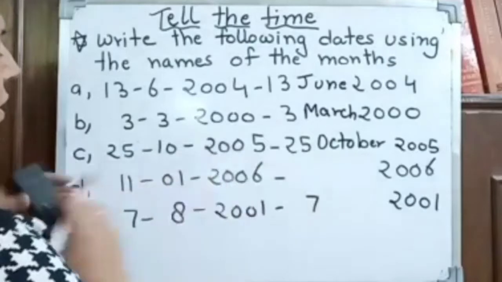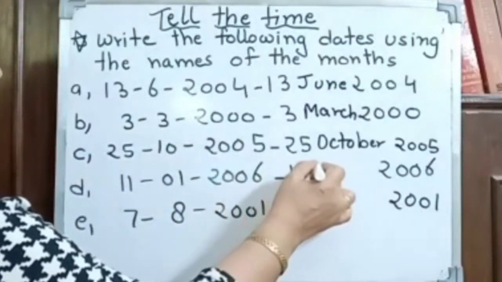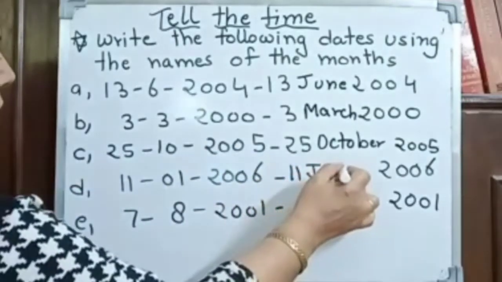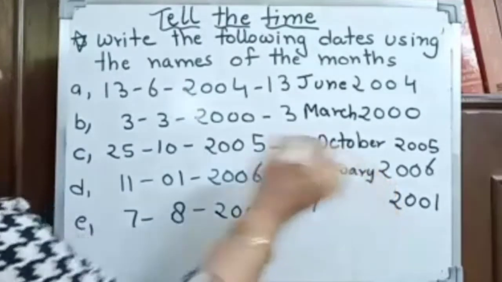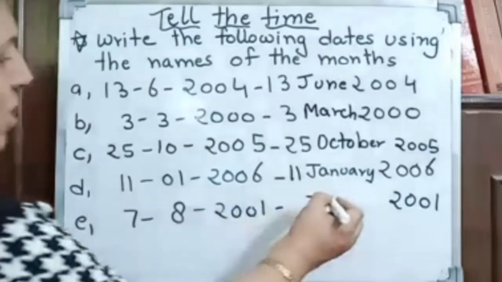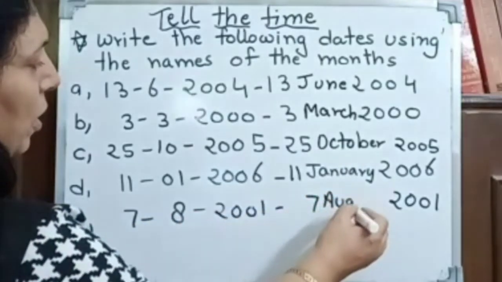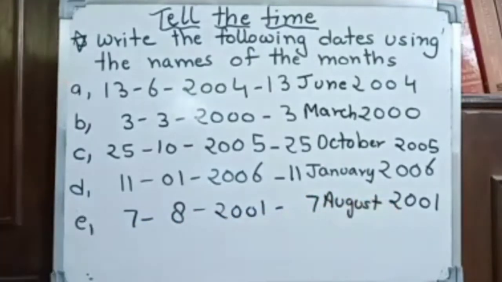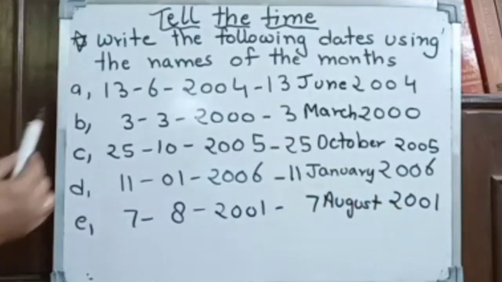January 11th. So 7, 8th. 8th month means January, February, March, April, May, June, July, August. 8th month is August. So learn the spellings of the months and then write according to that.